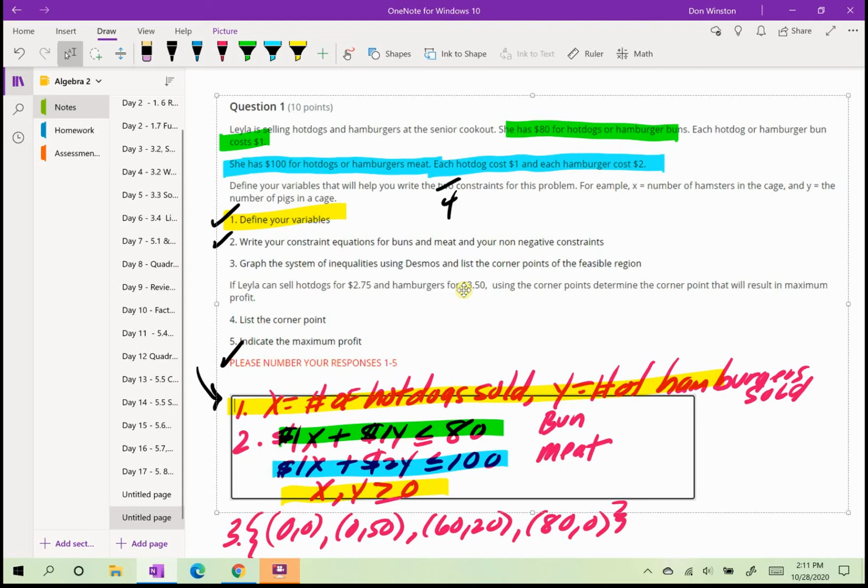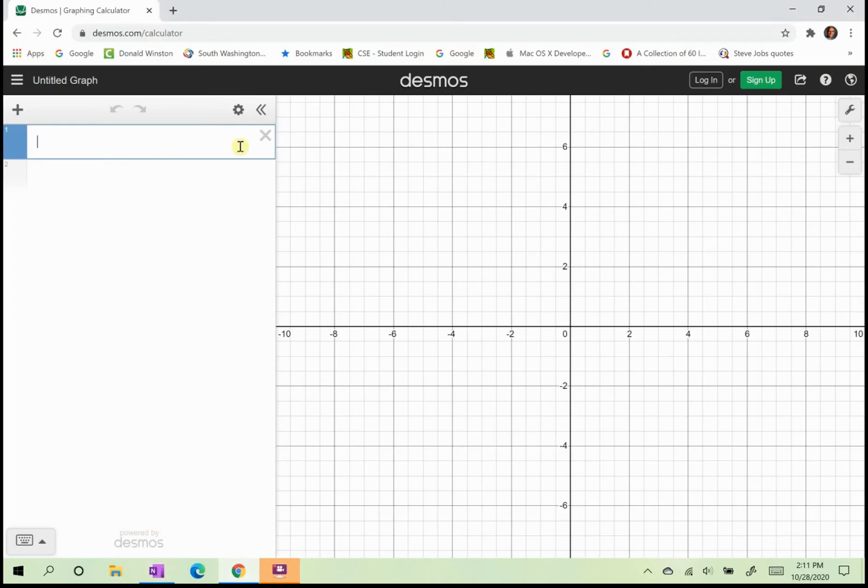These take-home tests are always technology, okay? You get to use technology. So I'm going to go out to Desmos, and Desmos is in the resources folder for the Schoology course. You can click in there. So I've gone out to Desmos. Here we're going to type in our constraints.